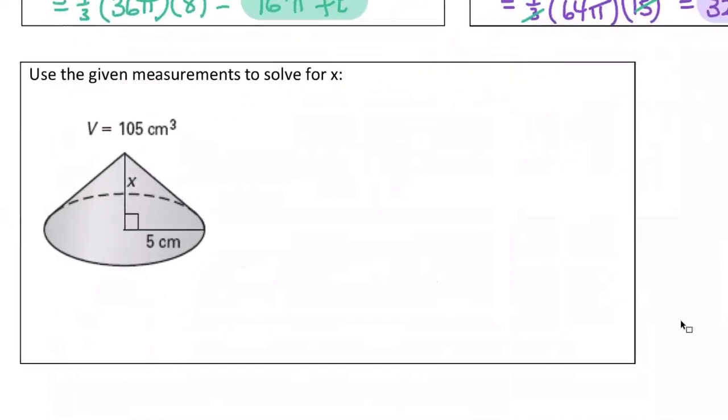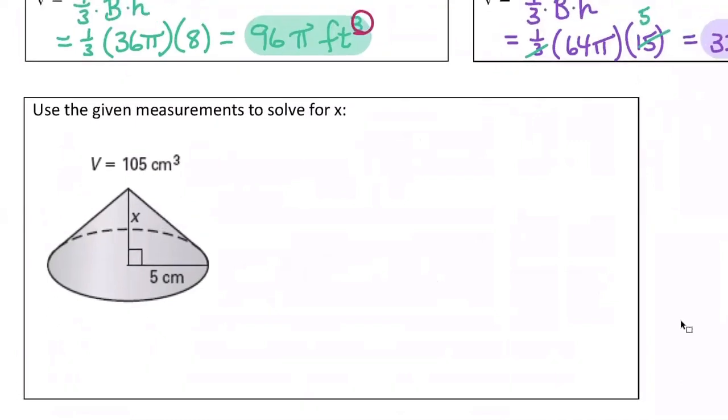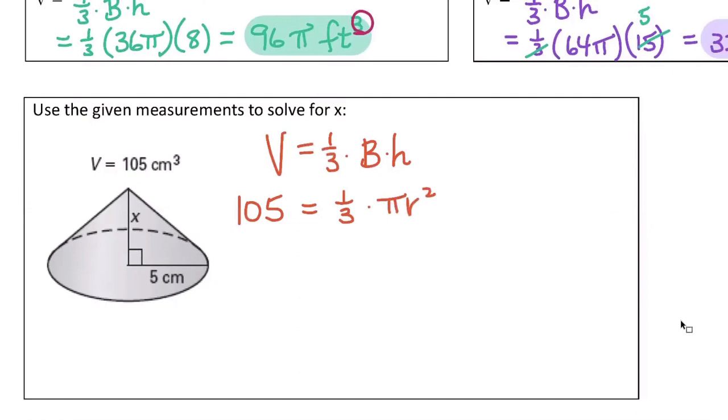Okay, last problem. So volume for a cone, the formula is 1/3 base area times the height. You're given the volume is 105 for this cone. Our base area is pi r squared. Actually, let me go ahead and multiply both sides by 3. 315.